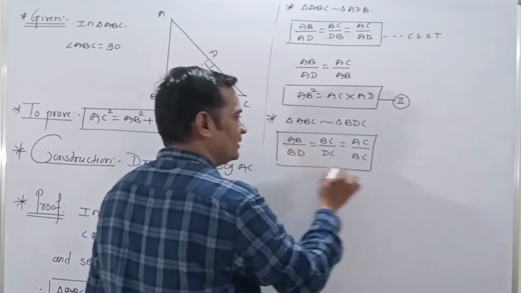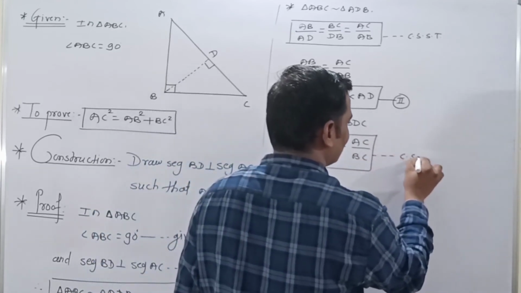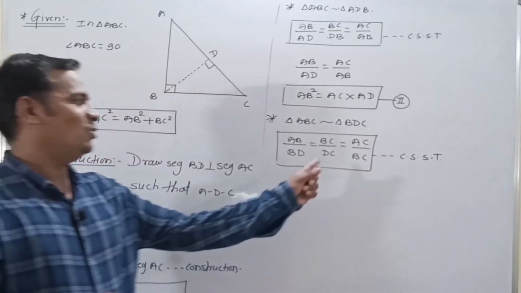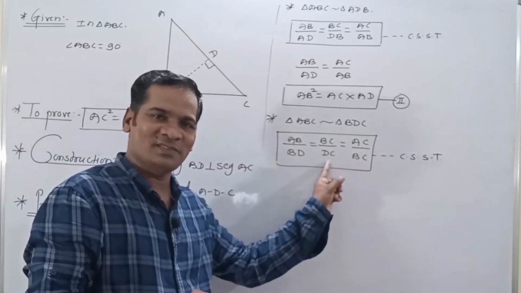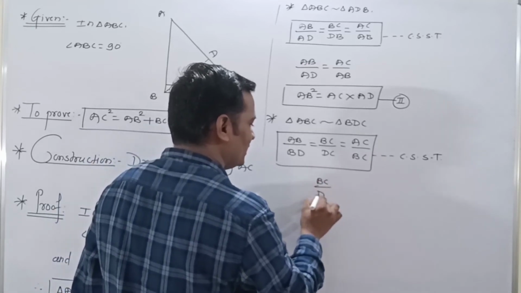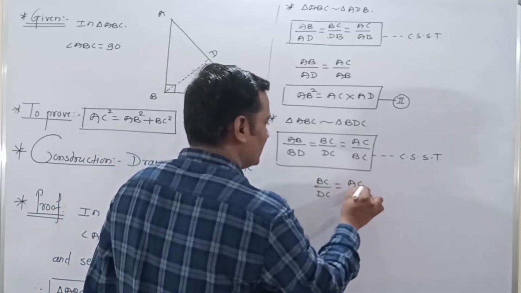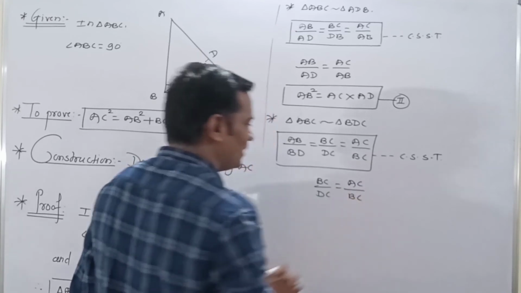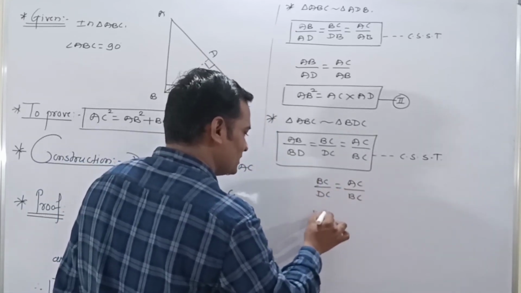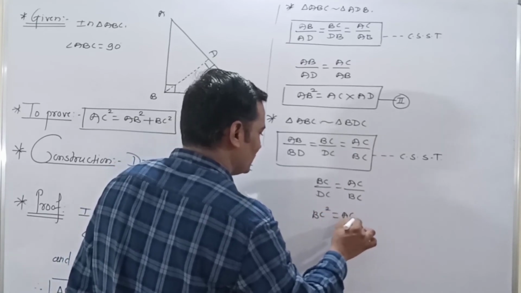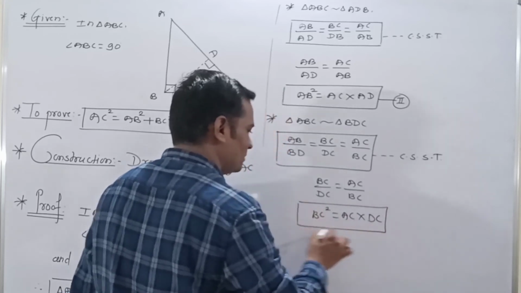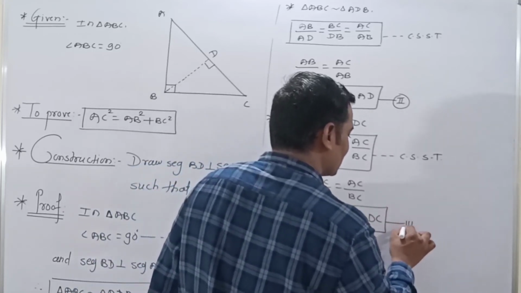Again the reason is CSST. Now look at the last two ratios: BC upon DC is equal to AC upon BC. By cross multiplication, BC into BC, that is BC square, is equal to AC into DC. Equation number 3.